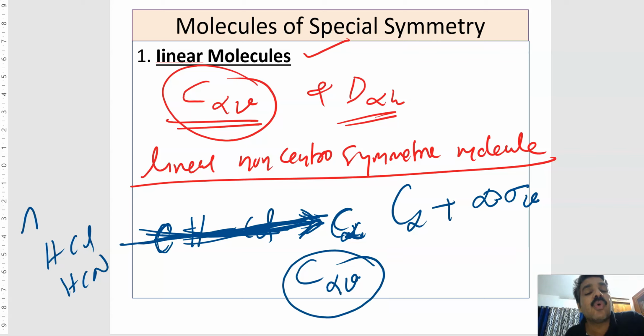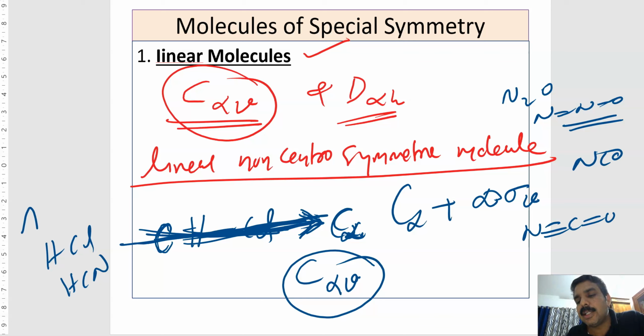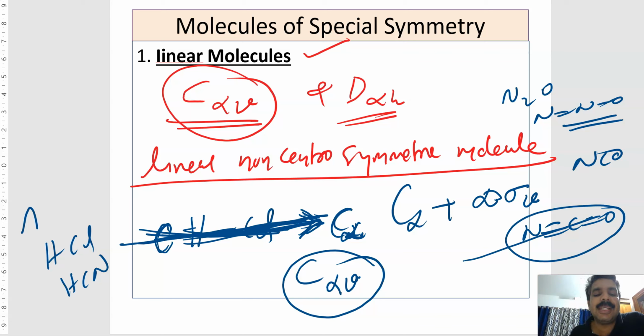All heteronuclear diatomic molecules and non-centrosymmetric polynuclear linear molecules like N2O, N double bond N double bond O, or we can say NNO, this type of molecule which has no centrosymmetry but is linear belongs to C infinity V point group.